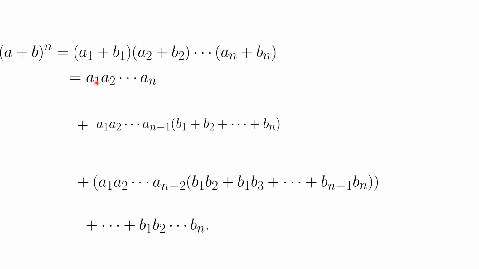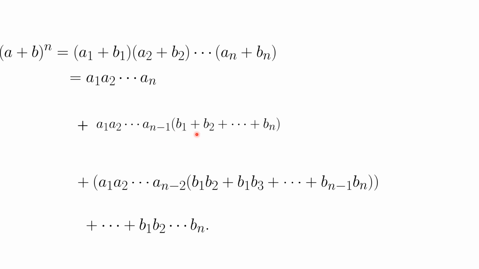There is exactly one term of the form a1 times a2 times a3 all the way up to an, that is a to the power n, and there are exactly n terms where one b replaces an a, such as a1 times a2 all the way up to a(n minus 1) times bn.